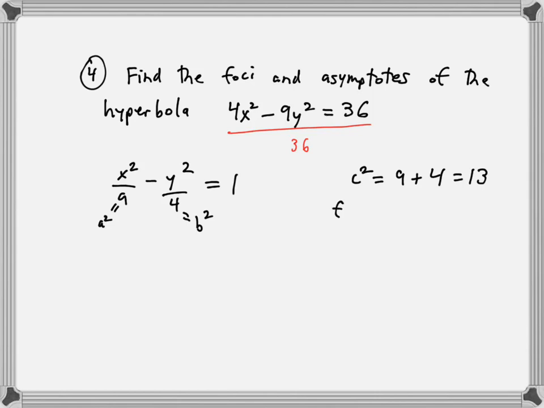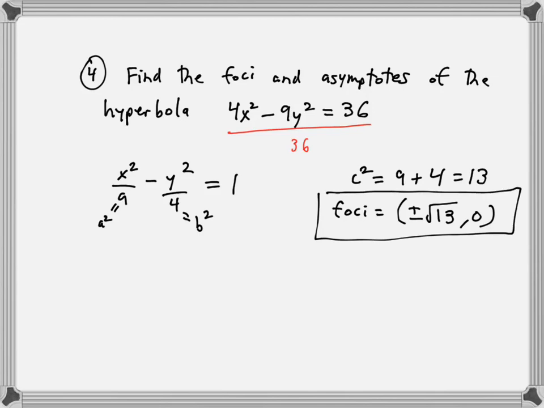So what would the foci be? Plus or minus square root of 13 comma 0, right? So this would be your foci. What about the asymptotes? Well, x comes first, right? So it's the horizontal branch. This was what we called the normal case, right?